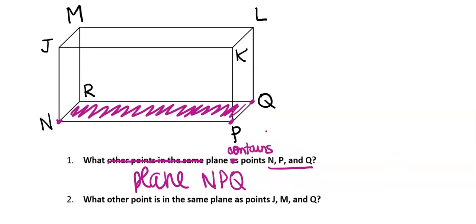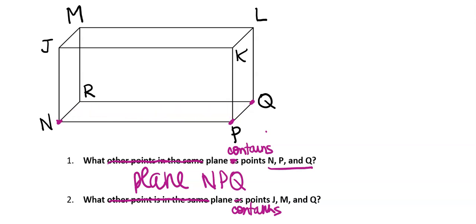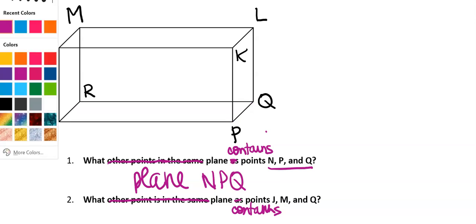What plane contains points J, M, and Q? Again, I don't know what I was looking at. So J, M, Q. Now this one is a little bit confusing, so I'm going to erase the purple and these points and do this one in yellow.